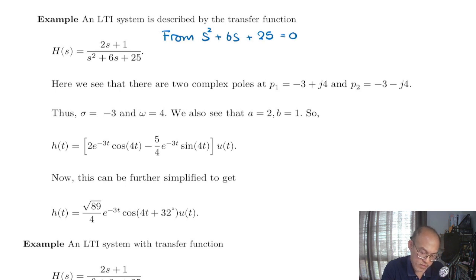Okay, to find the root of this equation, you can use the formula here. You could use the formula and see that the roots are minus 3 plus minus j4.